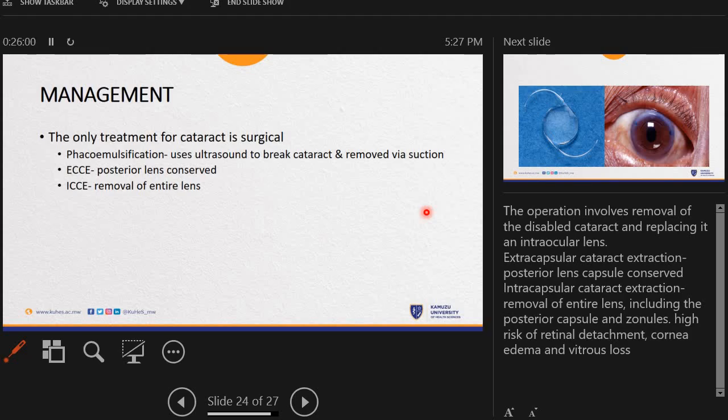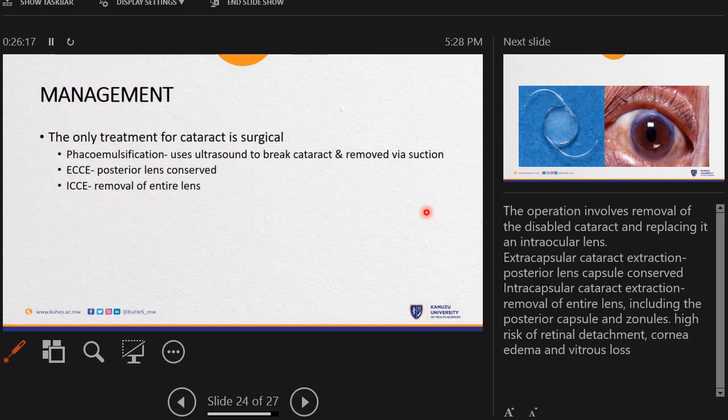You remove the lens, but you preserve the posterior lens capsule, and you can then insert the intraocular lens.